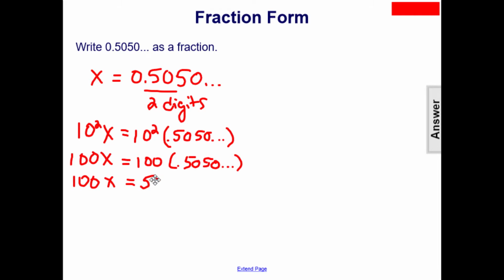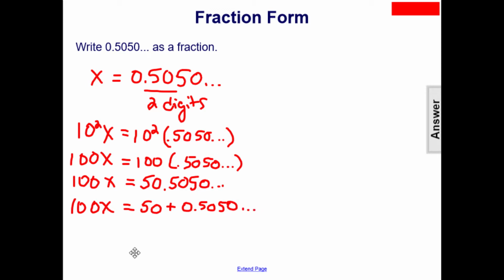That will give us 50.5050 repeating. We can then write this in partially expanded form by separating the decimal, giving us 50 plus 0.5050 repeating. And replace that repeating part with an x. And solve the two-step equation.